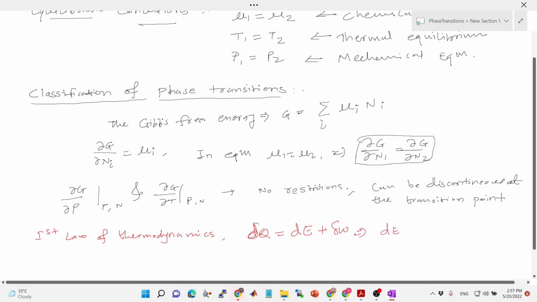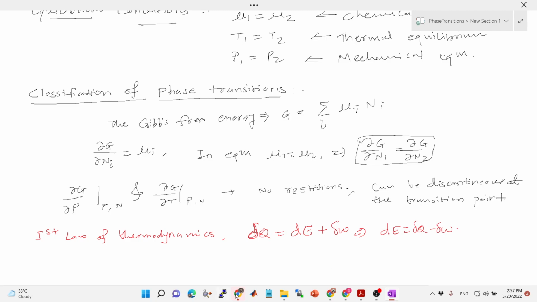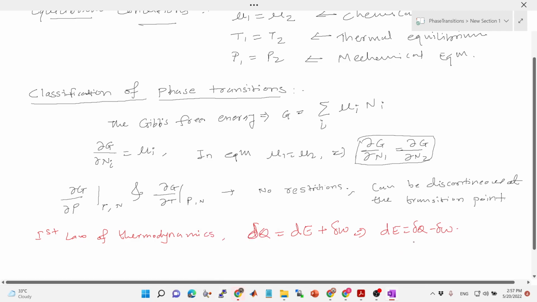So this means that dE is equal to delta Q minus delta W. Now the delta Q is nothing but T dS, and the delta W at constant pressure is P dV.